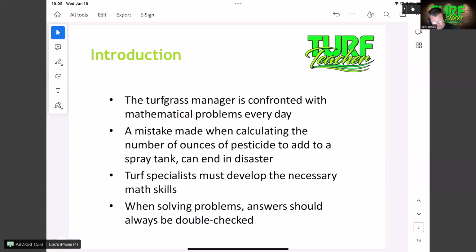If we apply too much, again, we're spending money. If we did too little, we're having to go back a second time. We're probably going to throw a little extra in there when we shouldn't. So we need to calculate it and put out exactly the right amount of chemical in each application. And so we need to develop these necessary math skills.